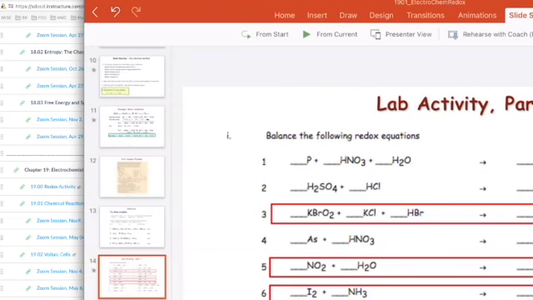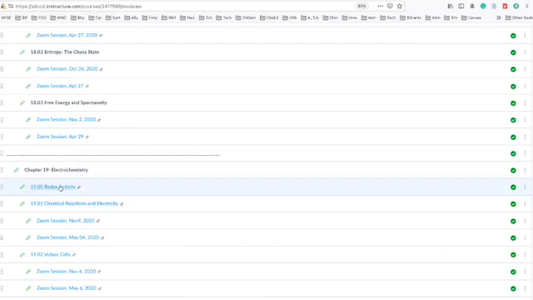Again, the lecture notes for this are over here: redox, reaction, electricity. Then we're going to be covering voltaic cells. Voltaic cells are just a fancy term for batteries. They're basically reactions in which electrons are able to be generated.